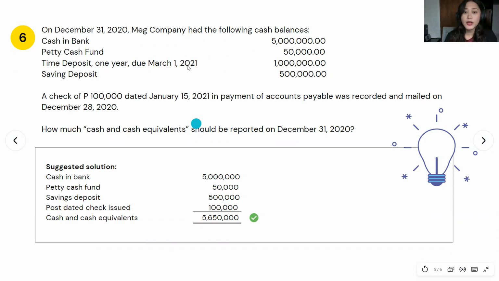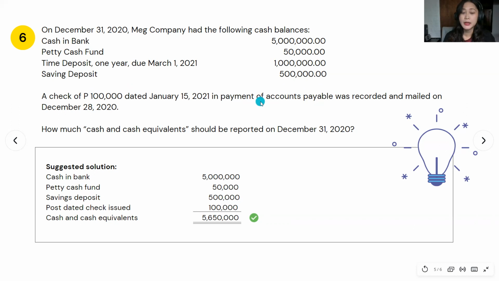Okay. So, cash in bank, yes, 5 million. Petty cash fund, yes. Time deposit, no, kasi 1 year, tsaka March 1 pa. Savings deposit, 500,000 included. Itong post-dated check is we need to check kung sino ba tayo, issuer ba tayo, or payee tayo. A check of 100,000 in payment of accounts payable.